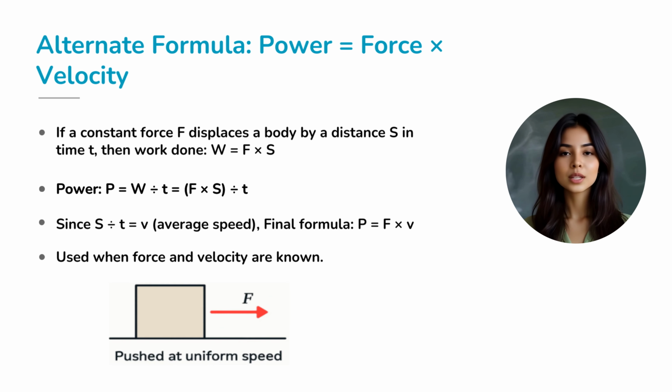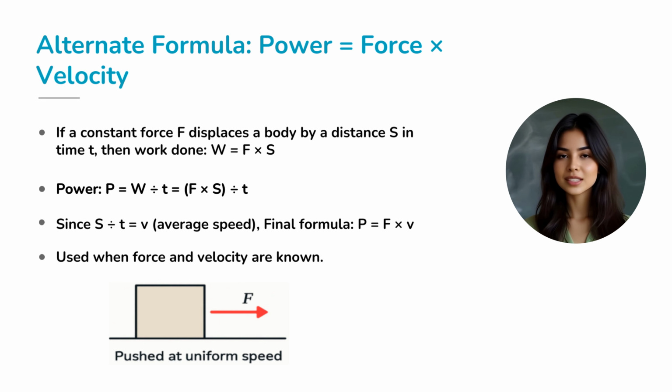Let's now derive another important formula for power, the one that includes force and velocity. If a constant force F acts on a body and moves it through a distance s in time t, then the work done is W equals F multiplied by s. Now substitute this into the main formula for power. P equals W divided by T. Substituting W as F multiplied by s, we get P equals (F multiplied by s) divided by t.